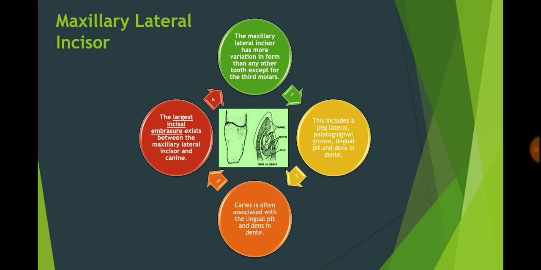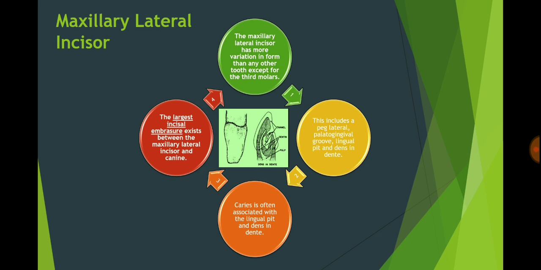The largest incisor embrasure, okay, the largest incisor embrasure exists between maxillary lateral and the canine. Okay, remember that. Where is the largest incisor embrasure found? It is found between maxillary lateral incisor and maxillary canine.